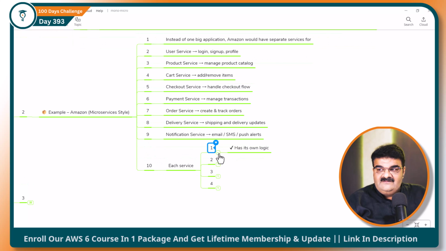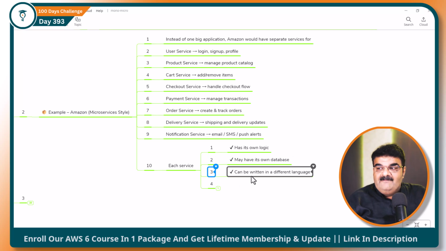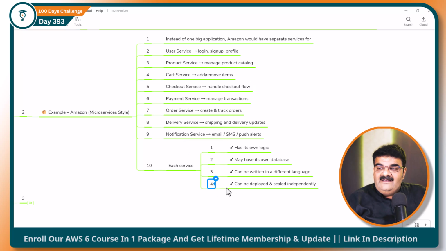Each service has its own logic. Amazon actually built them separately, so they have their own logic, and each may have its own database to store data. They can be written in different languages as well. We don't know in which language they developed this, but they may have a different language for cart service, a different language for checkout, and they can be deployed and scaled independently.